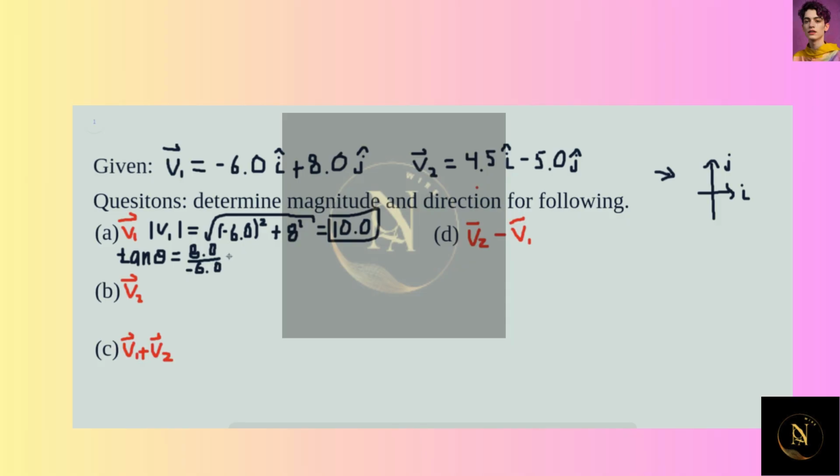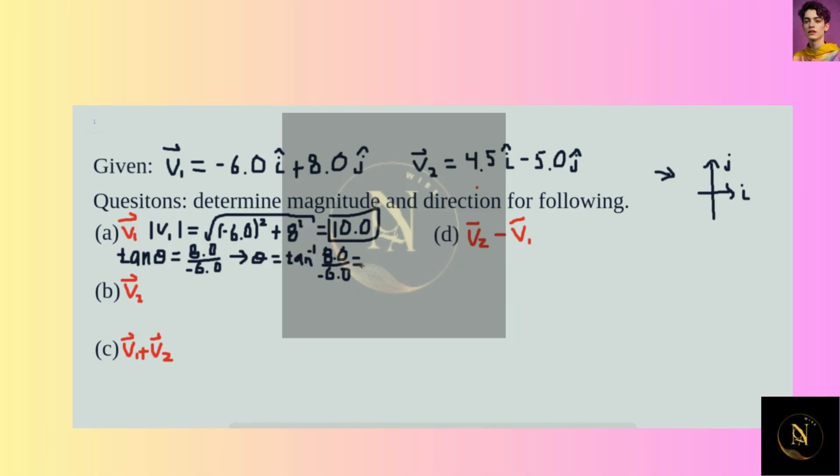We're going to solve this for theta, and that's equal to the inverse tangent, written as tangent minus 1, of what we just had, which was 8.0 divided by minus 6.0.